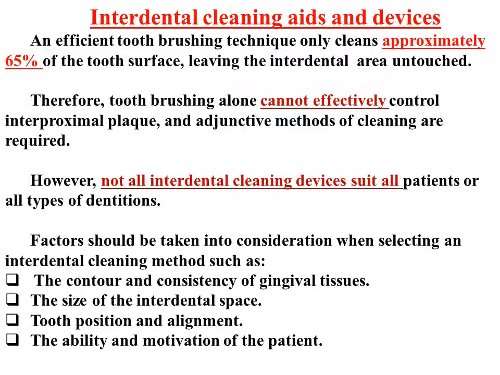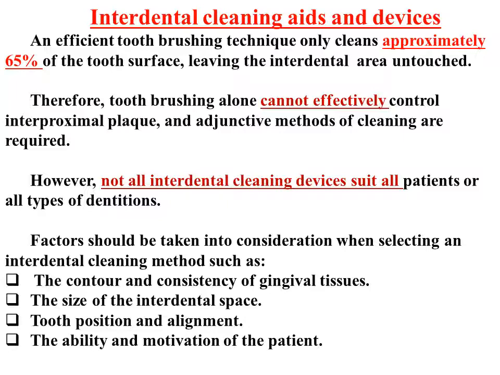An efficient toothbrushing technique only cleans approximately 65% of the tooth surface, leaving the interdental area untouched. Therefore, toothbrushing alone cannot effectively control interproximal plaque, and adjunctive methods of cleaning are required.